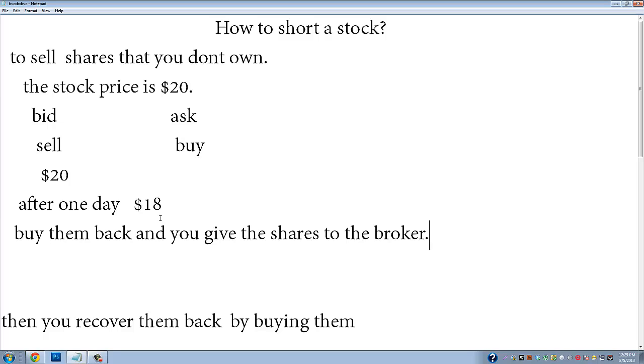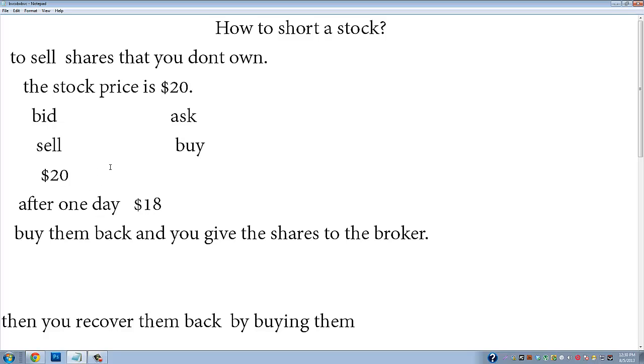This is just an example. You hit sell, and you sell how many shares you need, 100 shares, 200 or 500, and then after one day or two, depending on your style of trading, the price will be 18.